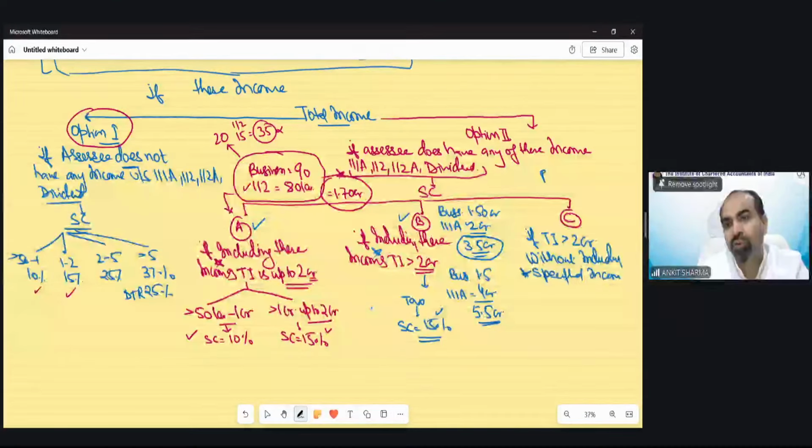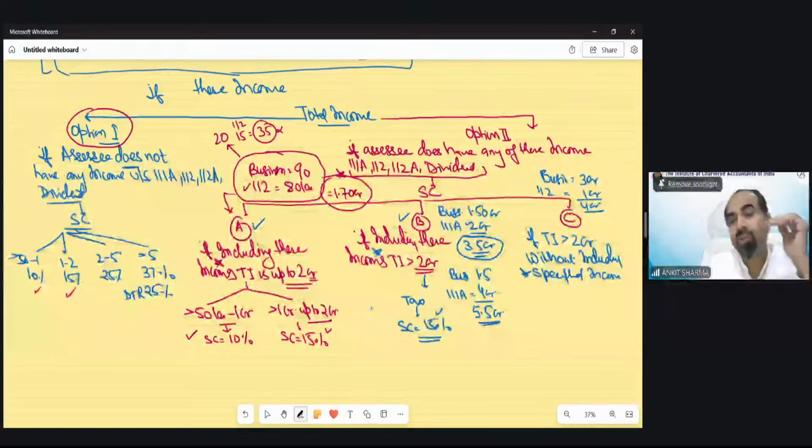That means suppose your business income is 3 crore. Now you can see your income is exceeding 2 crore without even including specified income. And 112 income is suppose 1 crore. So total is 4 crore. Now this is an interesting case. So it says your total income without the help of these incomes exceeds 2 crore rupees.